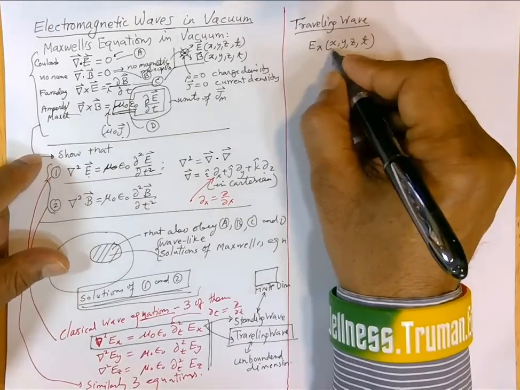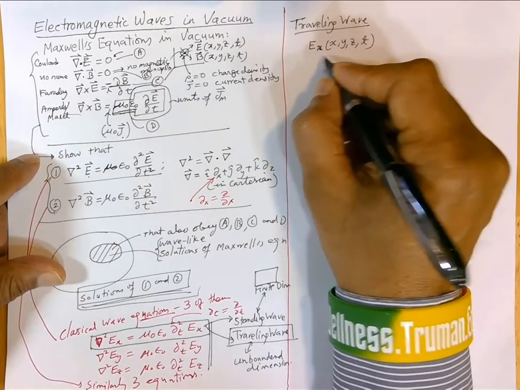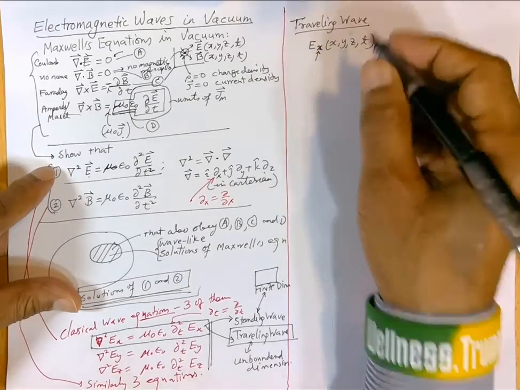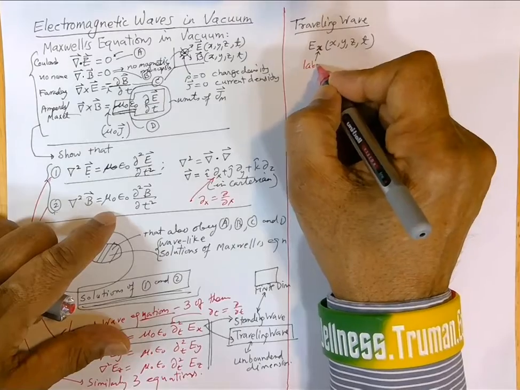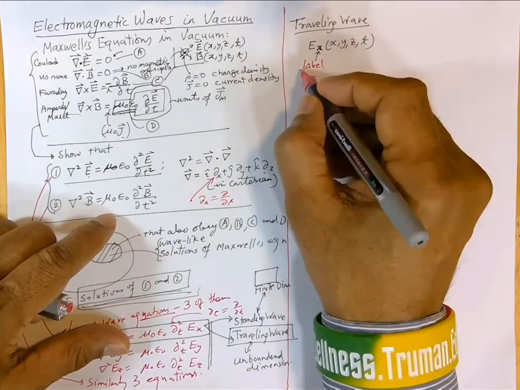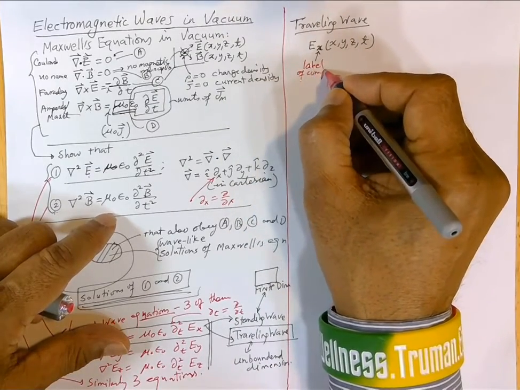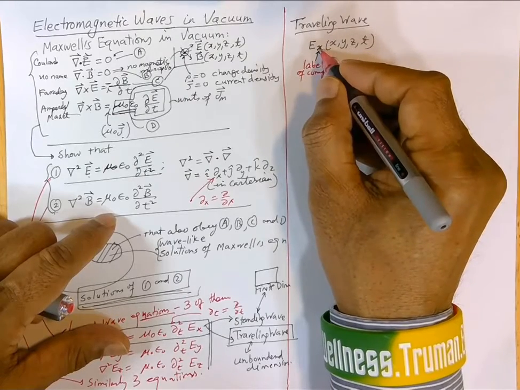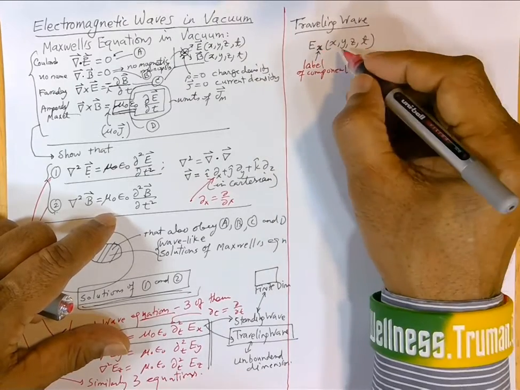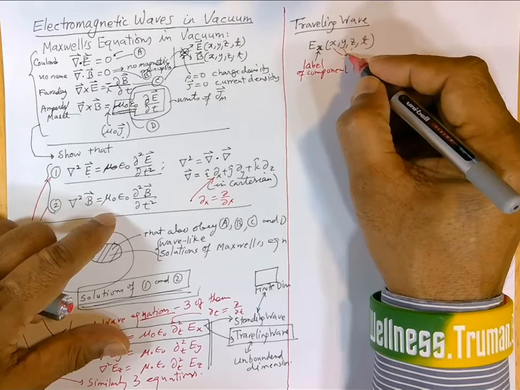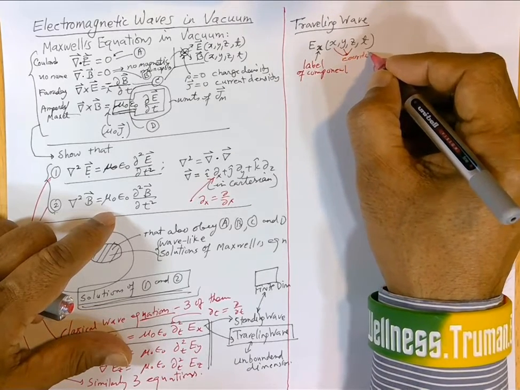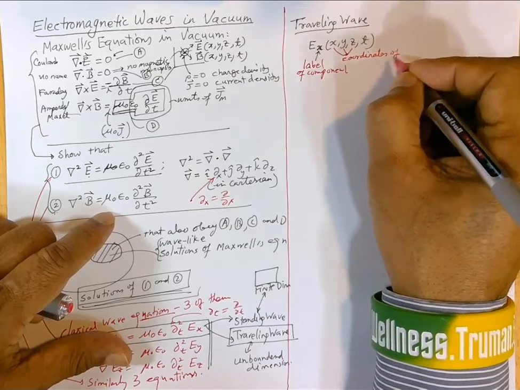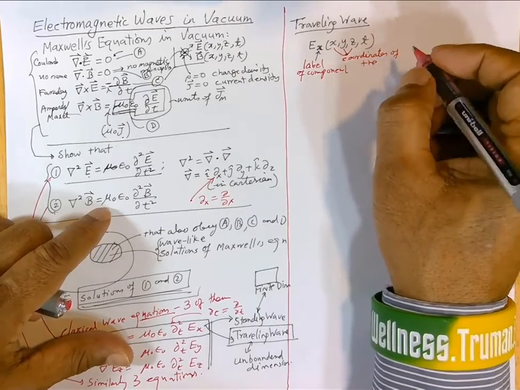What kind of function of x, y, z is the x component? So this is very easy to confuse. This x is just a label of component. I could call it 1. And these are the coordinates of the field point.